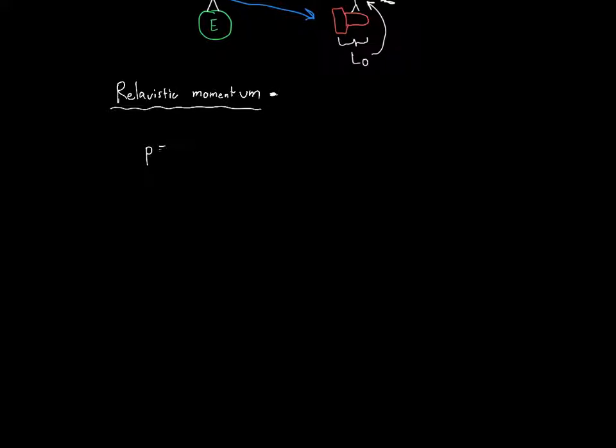Momentum is actually equal to this Lorentz factor times mass times your velocity, where m has to be your rest mass, so how much mass you have when you're not moving. Turns out mass changes when you move, and u is your velocity relative to your observer.